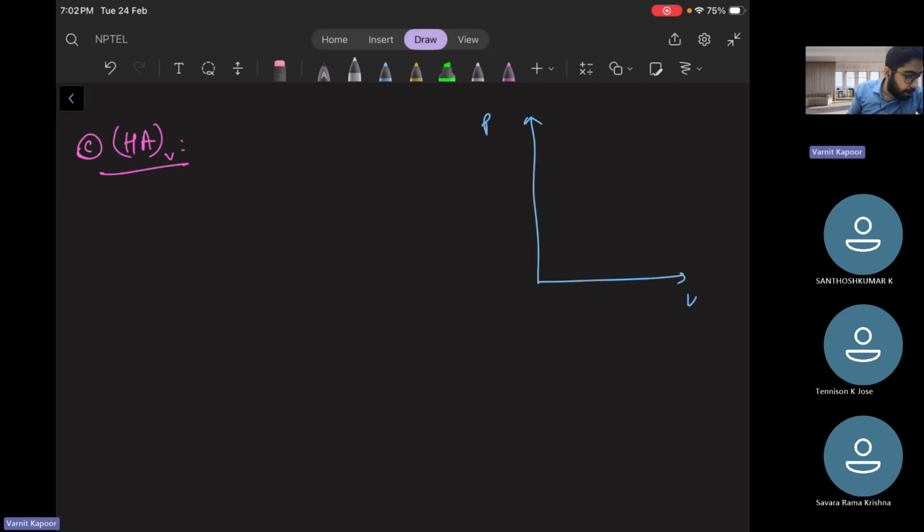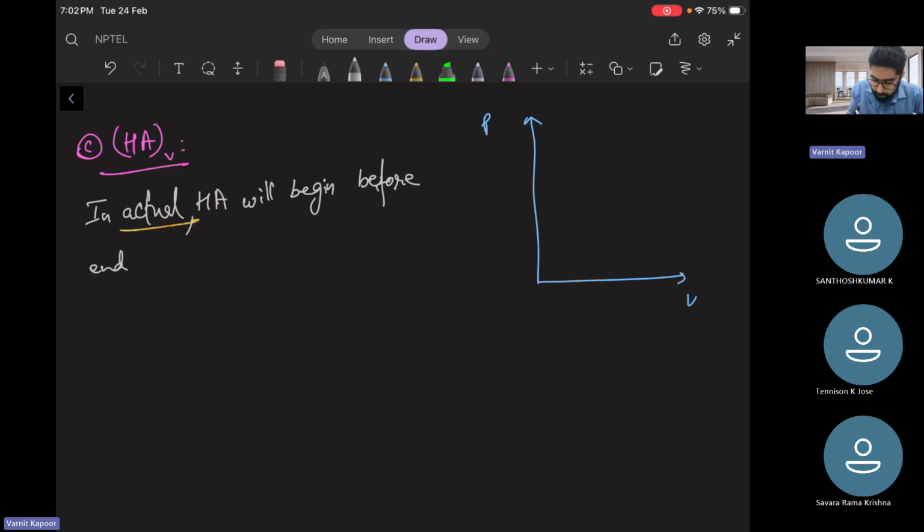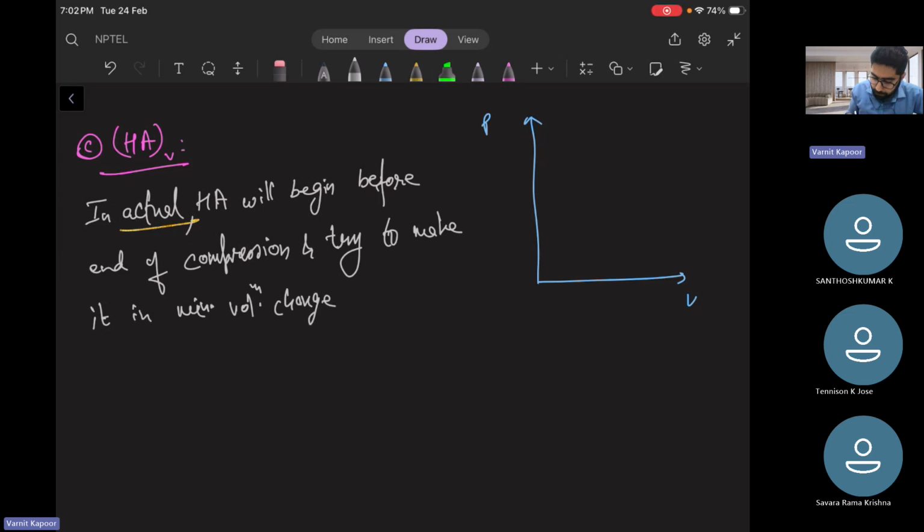What I'm trying to say, in actual heat addition will begin before end of compression, and try to make it in minimum volume change, as sparking is a very fast phenomenon.